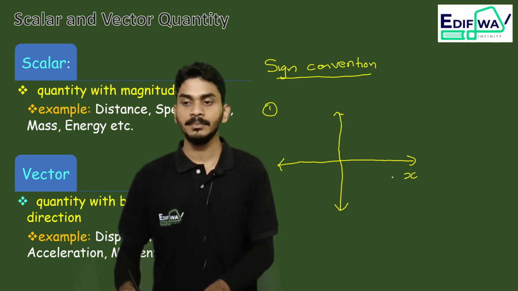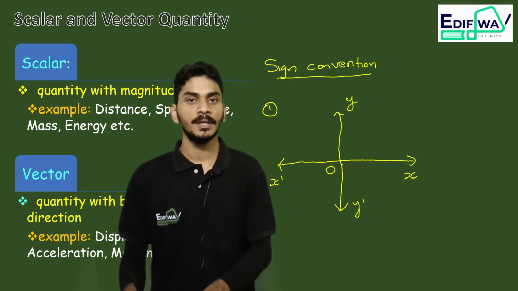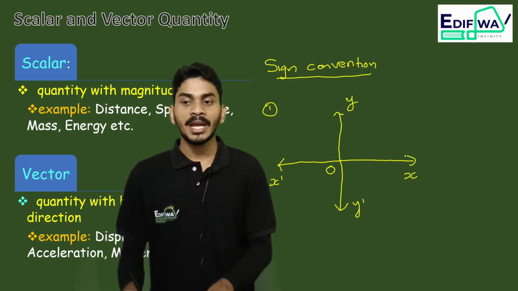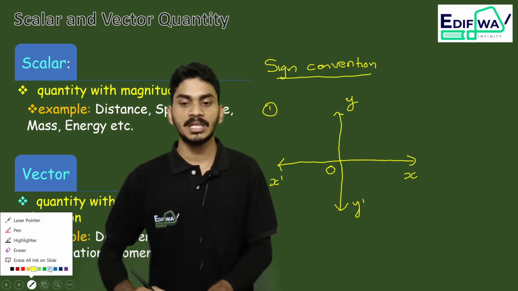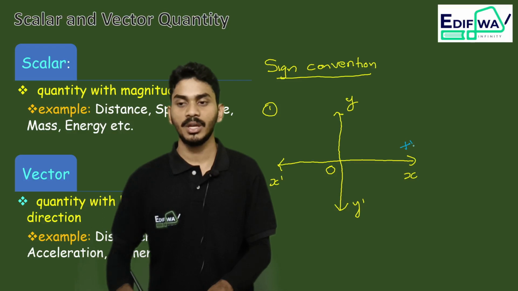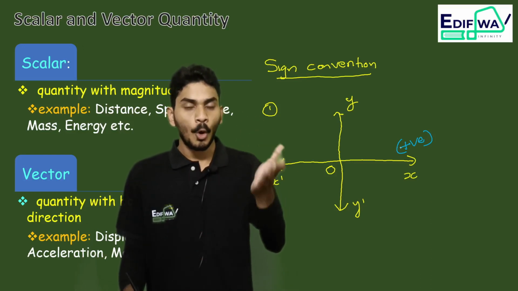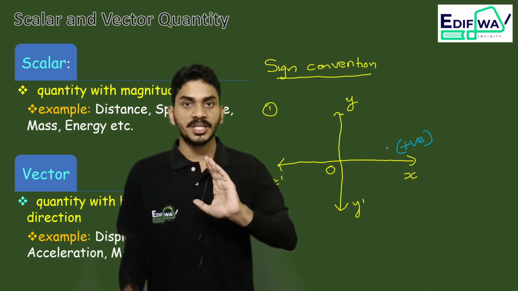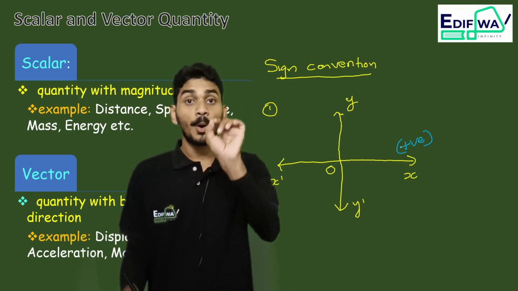This is your xy plane, this is x, this is x dash, y, y dash. And this is the origin. Clear? Now you know that the right direction is the positive x-axis, so that direction will be considered as positive. Which means if a boy, or an object, is moving in the right direction, then that direction should be taken as positive.